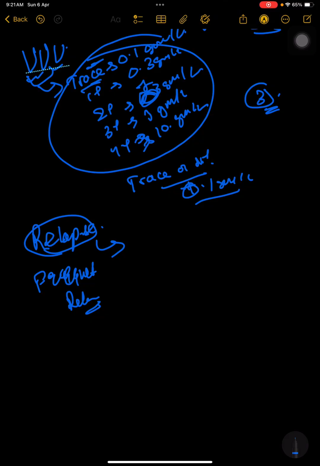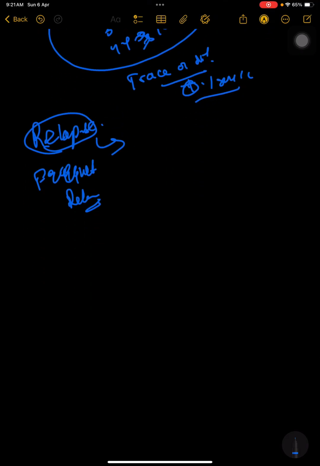Also write about SLE, PAN, diabetes, hypertension, okay, amyloidosis, infections, malaria, hepatitis. These also lead to nephrotic syndrome. Okay, great. Now, what is relapse?